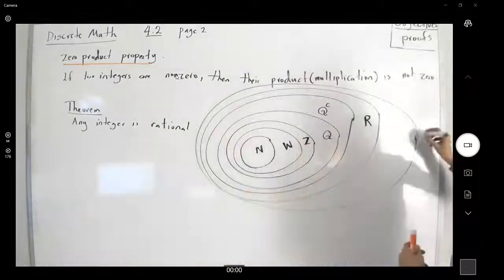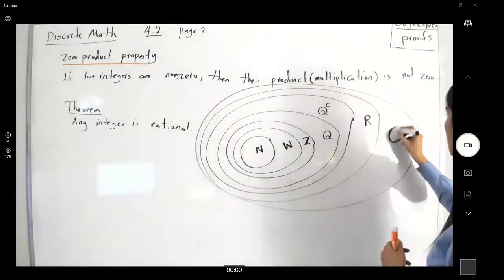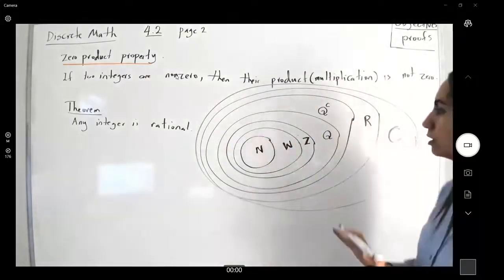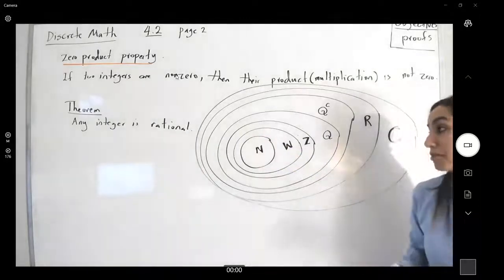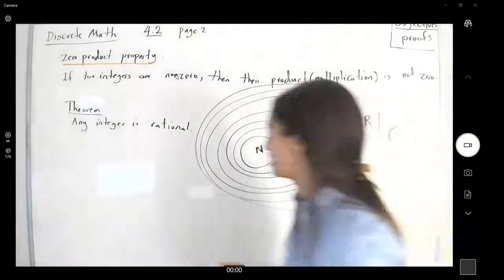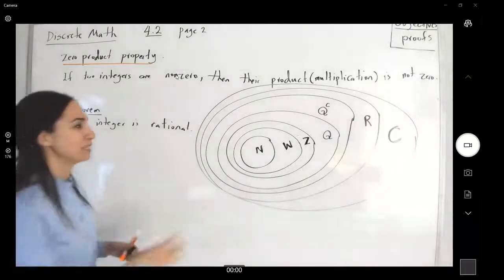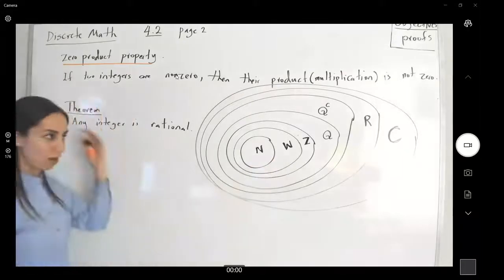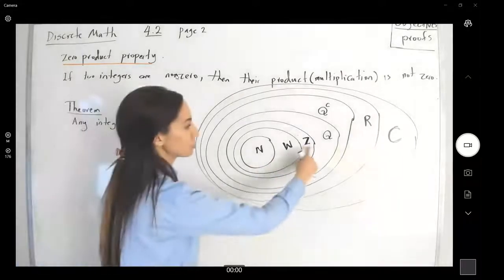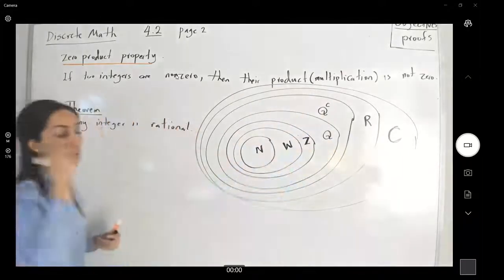Here we go. Complex numbers. As you can see by looking at the Venn diagram, if you want to take it in a more formal way, N is a subset of W, subset of Z, subset of Q, and so on.